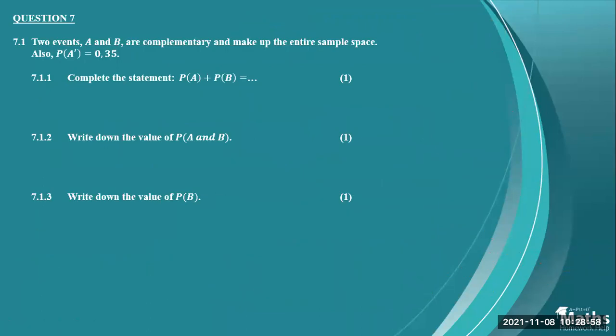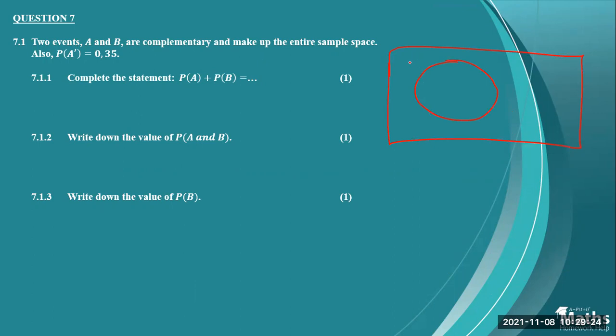So now that we have a little bit of background, let's answer these questions now. The first one says, 2 events A and B are complementary. So if you see a question like that where they say it's complementary, imagine this.